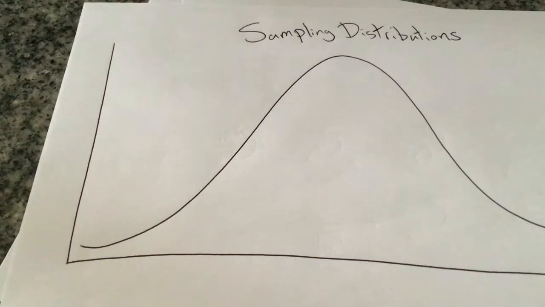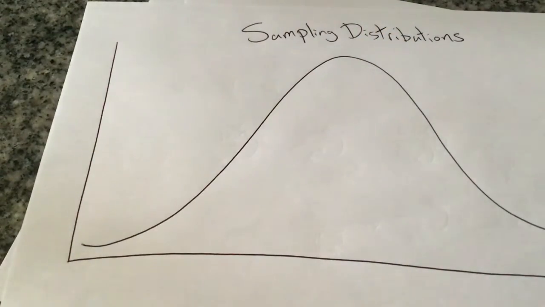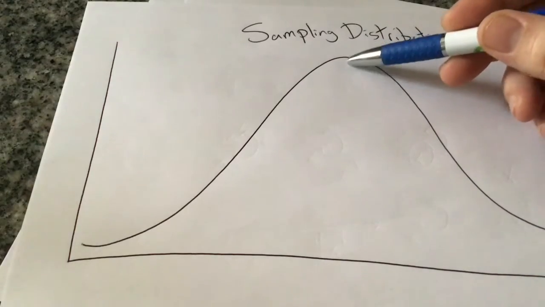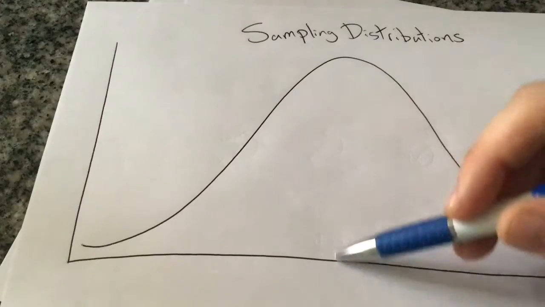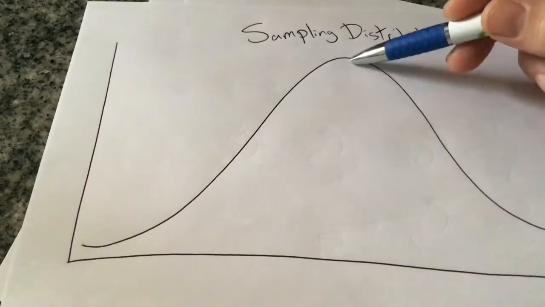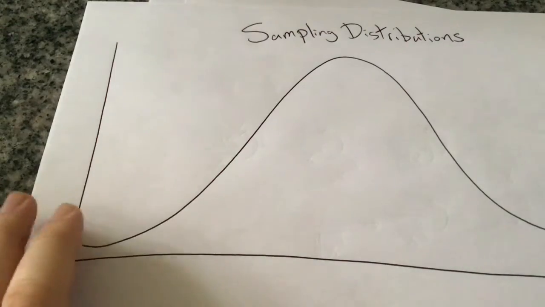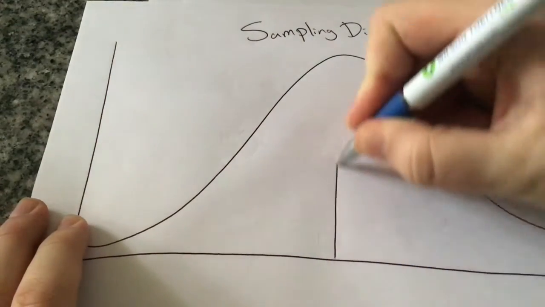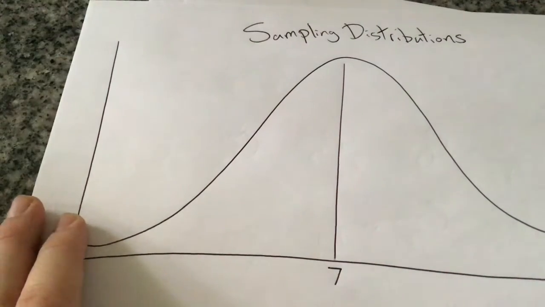But maybe there's those couple of times you get a mean of 6 or a mean of 8. What this sampling distribution does is it graphs what your mean should be, meaning that the center of it should be the actual mean of whatever it is you're measuring, right? So let's say we're doing this dice experiment. The actual center of this should be 7.